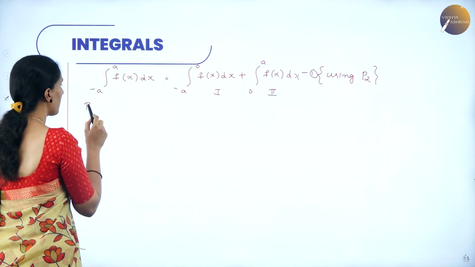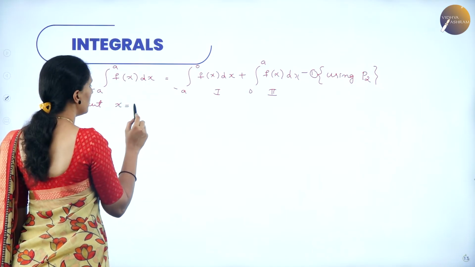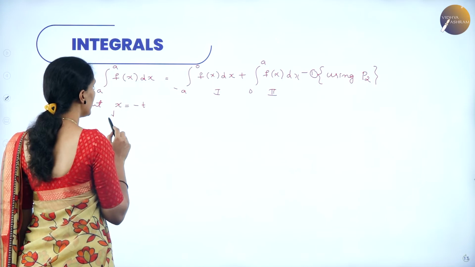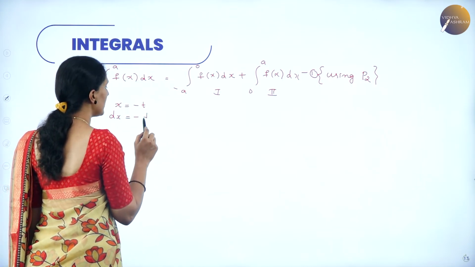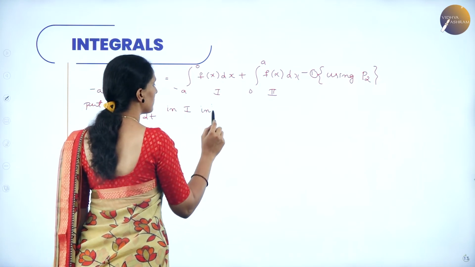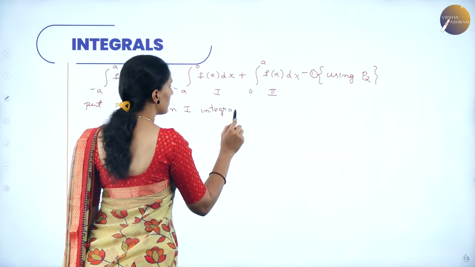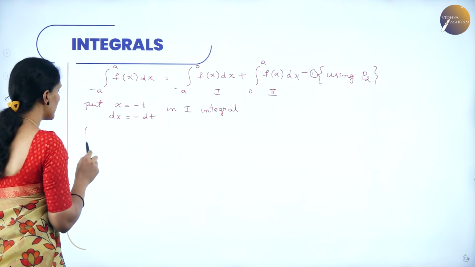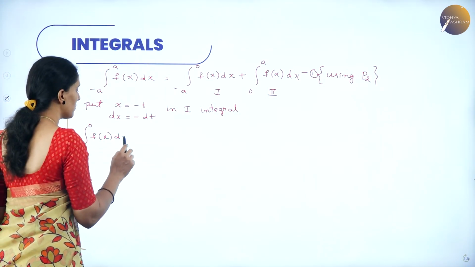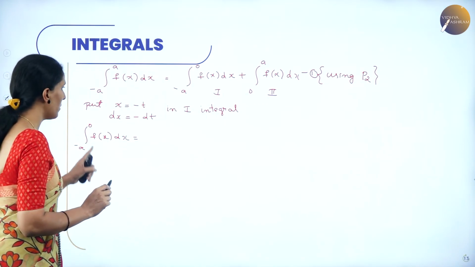So put x is equal to minus t, then what happens here? dx is equal to minus dt in the first integral. So now it is minus a to 0 f of x dx. Now we need to change the limits also here.